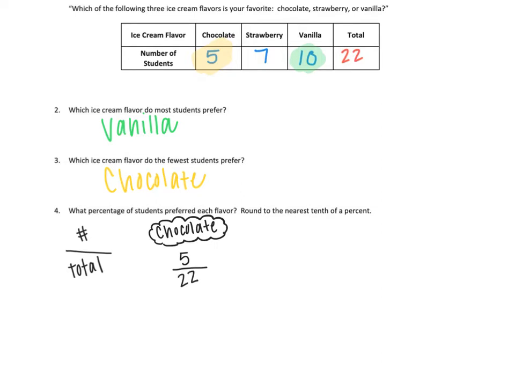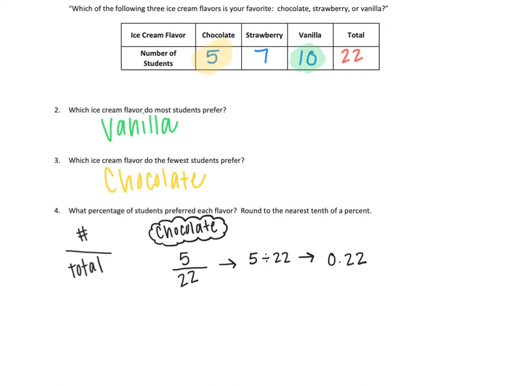Now what we're going to do is put this into our calculator. 5 over 22 is the same as 5 divided by 22, which is going to give us a decimal. And that decimal is 0.22. I'm just going to round it off there.